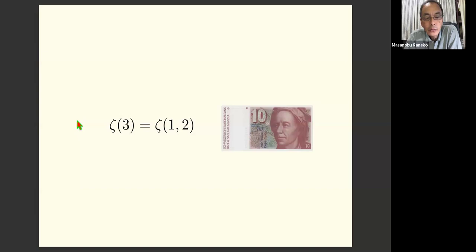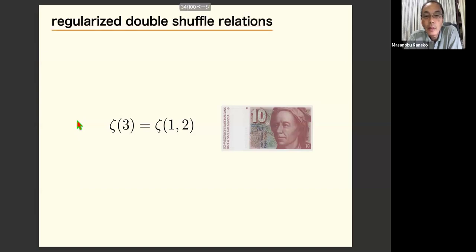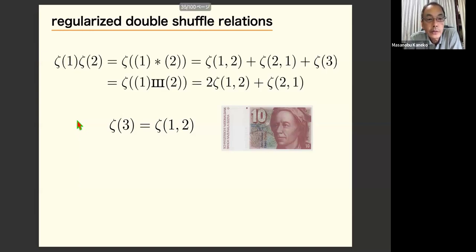So how to deduce this? We can have one way to deduce this, in the same way as before. That is regularized double shuffle relations. So let's pretend zeta 1 is convergent. Yeah, this is a divergent one, but formally we play the same game.